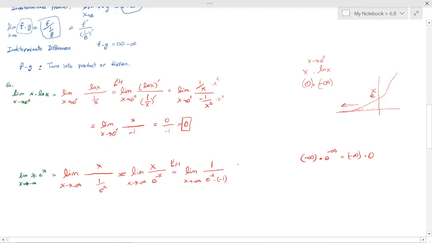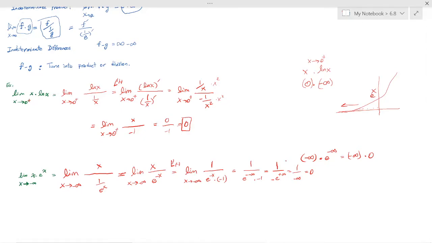So now if you replace x with negative infinity, you'll get 1 divided by e to the negative infinity multiplied by negative 1. That is 1 divided by e to the positive infinity times negative 1, which means negative. And this is simply 1 divided by negative infinity, which is equal to 0. 1 divided by a large negative number is 0.